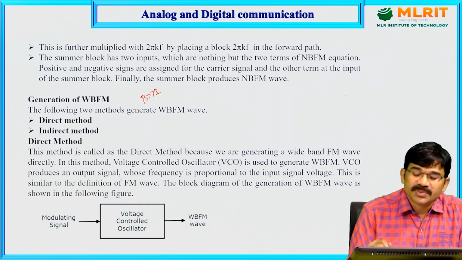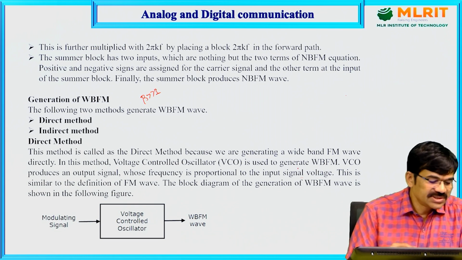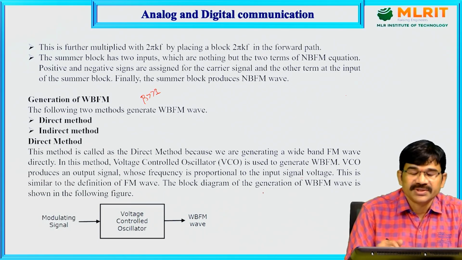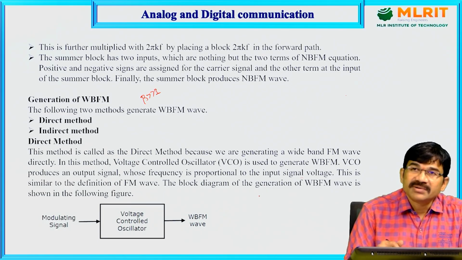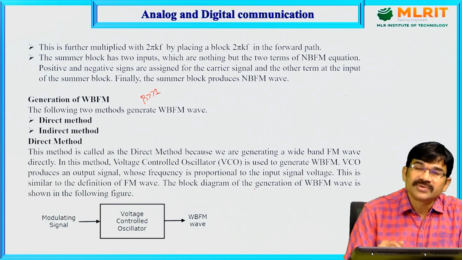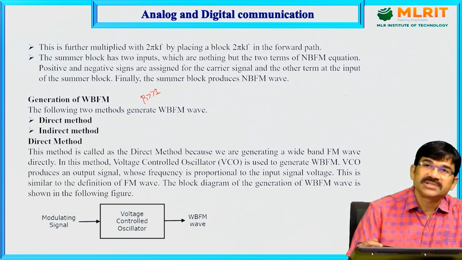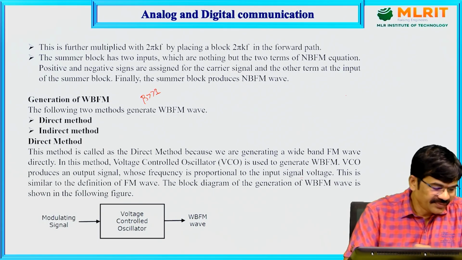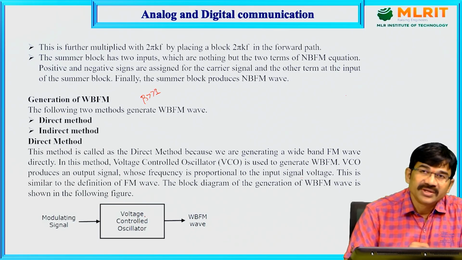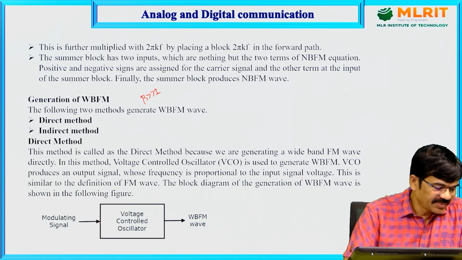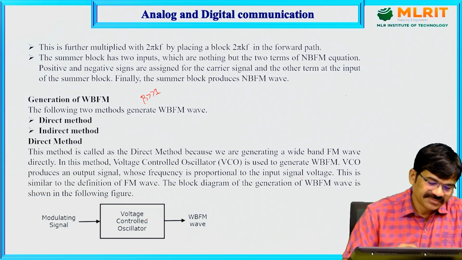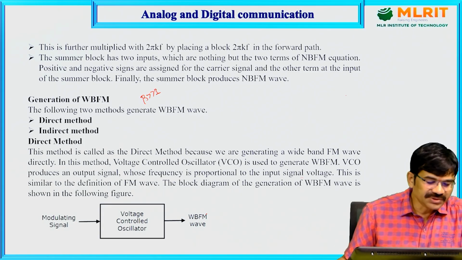This is similar to the definition of FM: the frequency of the carrier varies according to the input signal amplitude, that is, according to the original information signal. Which block performs that action? The voltage controlled oscillator. So the modulating signal input we apply, the voltage controlled oscillator varies, and it produces the wideband FM wave. So this is the direct method.